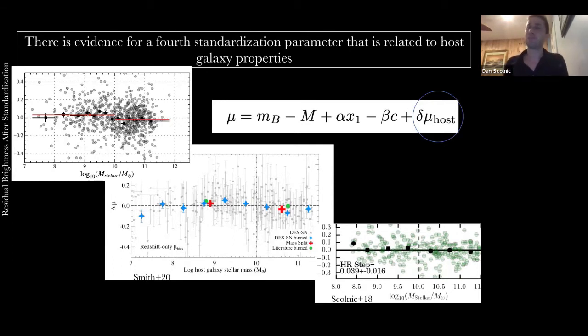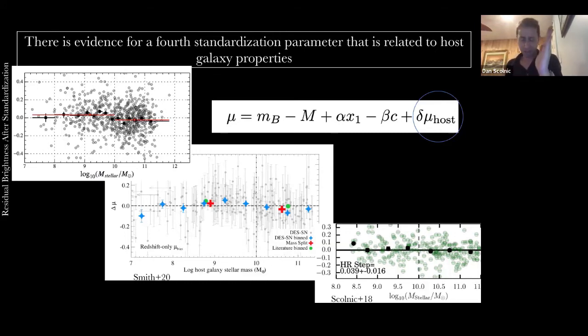So as you heard last week, it's now known that there's evidence for a fourth standardization parameter that's related to host galaxy properties. And it's still, I'd say, unclear what this is. Basically, this is an offset as in a step, and that's the more popular form, where you say, all right, well, I think that there's some luminosity dependence on the mass, which I'm showing in 3 different plots here.